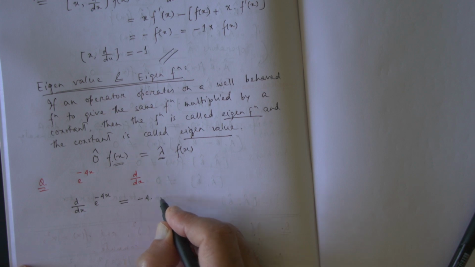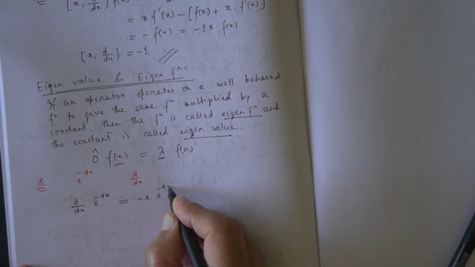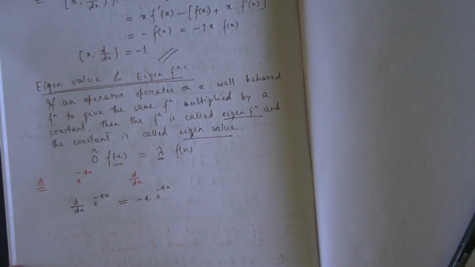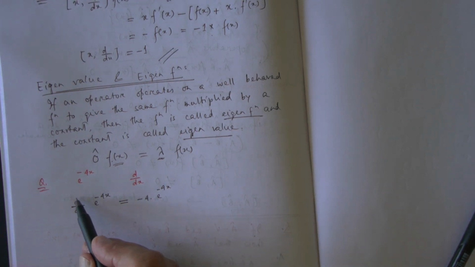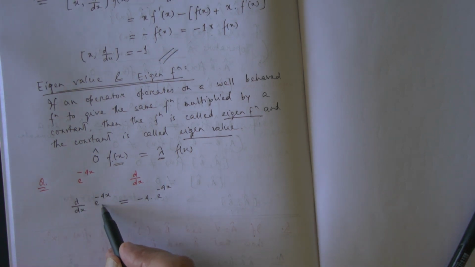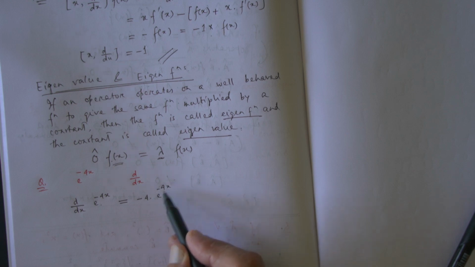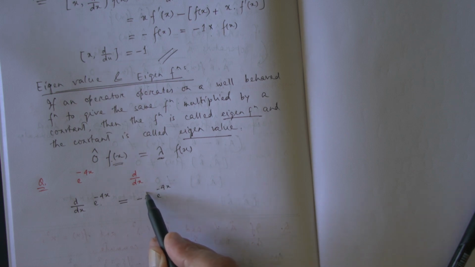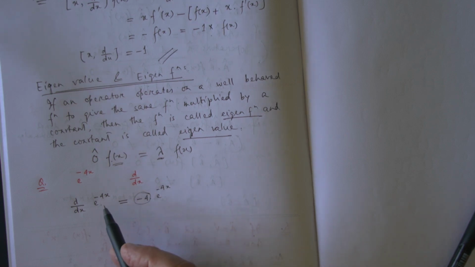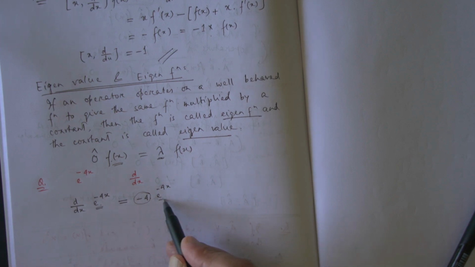Minus 4 into e to the power minus 4x. So operator, function, same function, constant. So this is the eigenvalue and this is the eigenfunction.